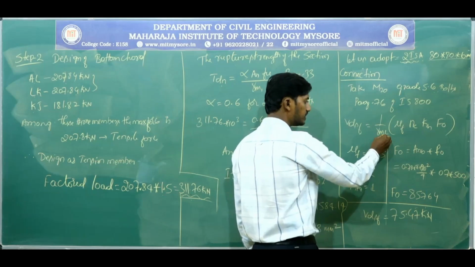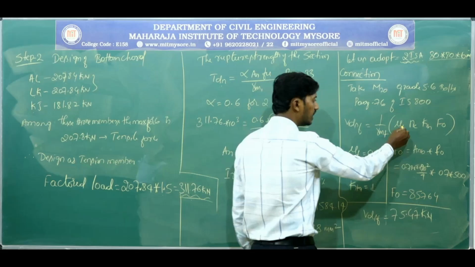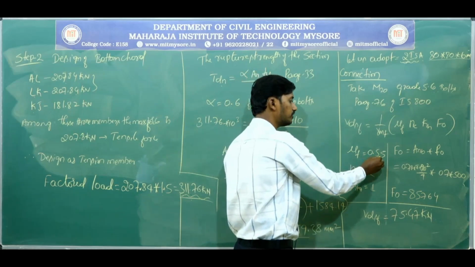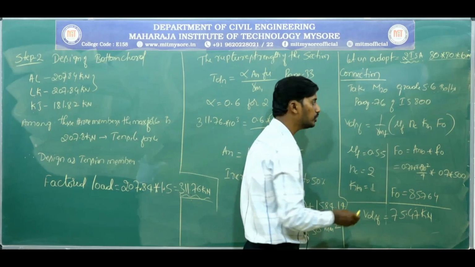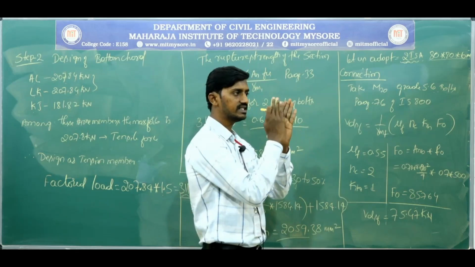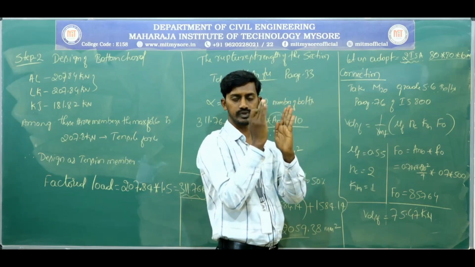Now gamma mf is the factor of safety, you know that, and mu f depends on the surface, that is 0.55, which is available in the code book, and ne is the number of shear planes, as the gusset plate and two angles will be there.